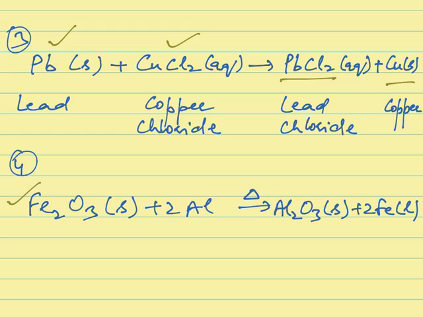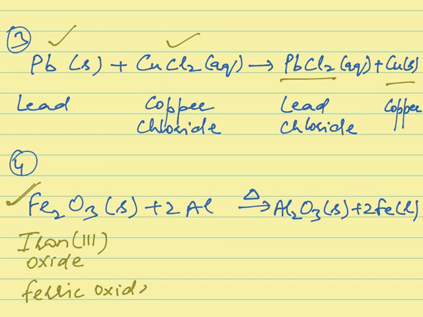This one has a very important industrial application, this reaction. This is also an example of displacement reaction. In this, iron oxide, or specifically I say iron 3 oxide or ferric oxide, its other name is ferric oxide, is heated with aluminum metal, this is the heat sign. It means that we are heating the mixture of iron oxide and aluminum.